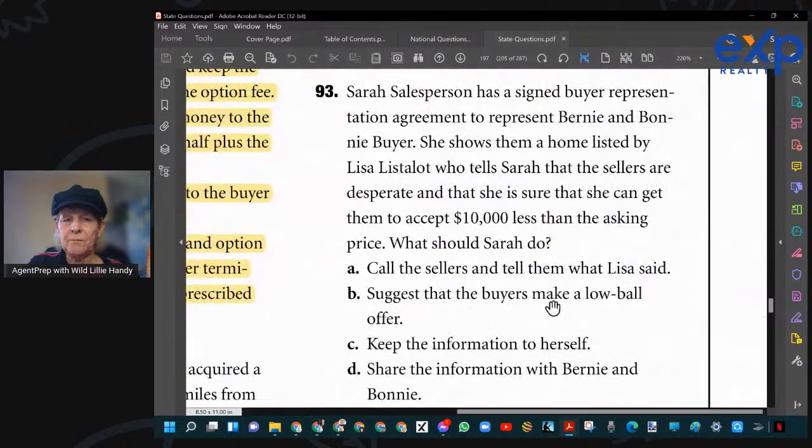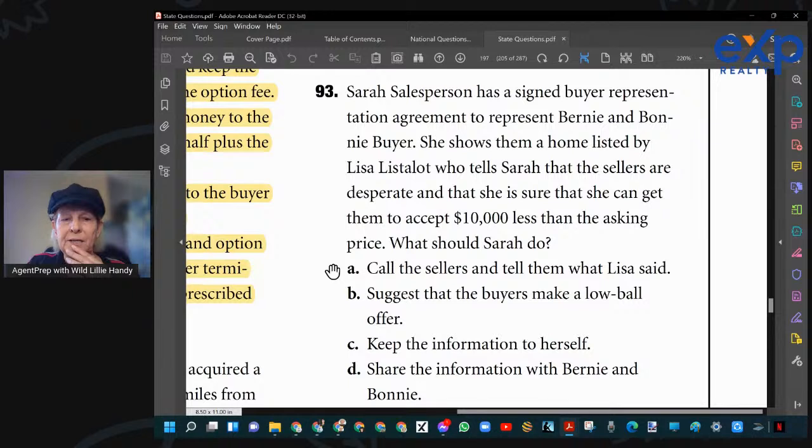Now, if they bought the property together and they're not married, but they own 50-50, they're tenants in common. So each one would have 100 acres. But as a married couple, then together they get 200.